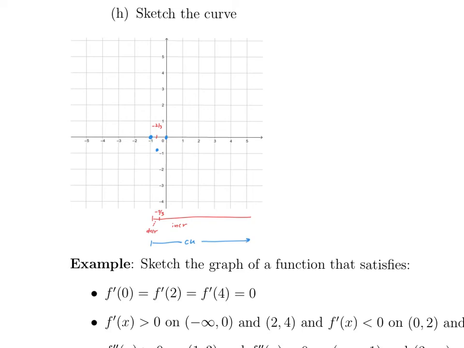So let's just play connect the dots. We start off at minus 1, 0. We decrease down to our local minimum. And then we increase upward, and we are concave up. This should give us a rough sketch or idea of what the graph of this function will look like.